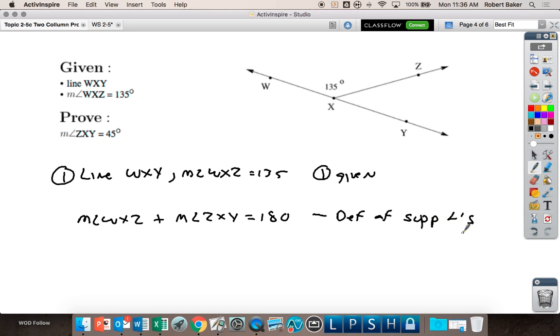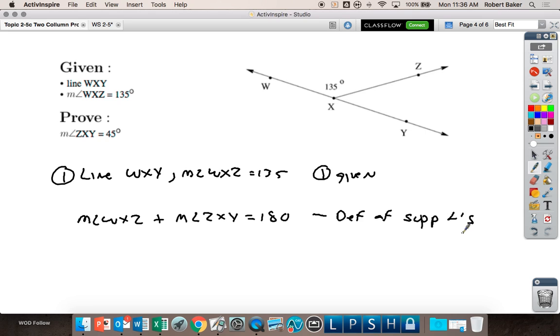Okay, now I have to stop you there. How do you know that these two angles add up to 180? So technically it is given. It says line XYW. Because you're proving one.